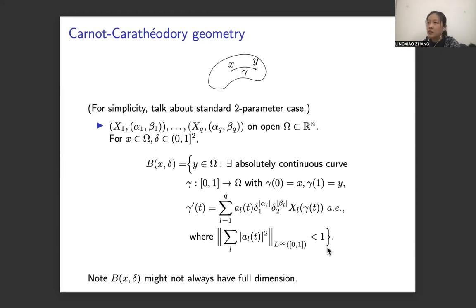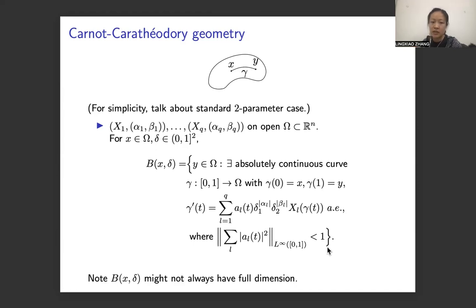So in the proof for the general analytic case, we have to deal with situations where, for some point, in every neighborhood of that point, the dimension spanned by these vector fields, and that's the dimension of the Carnot-Carathéodory ball, is not constant.